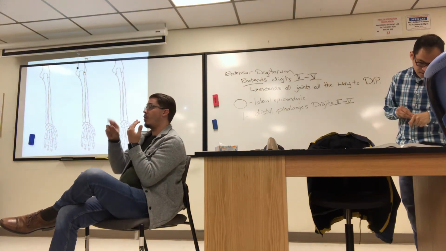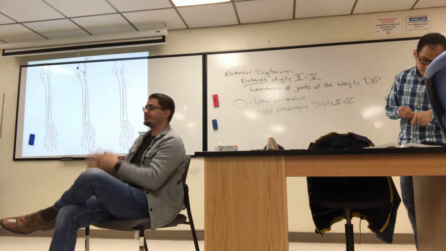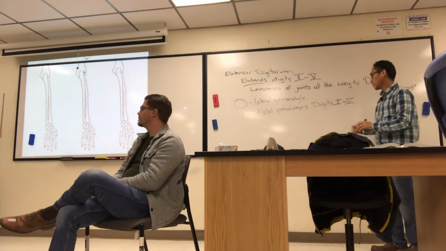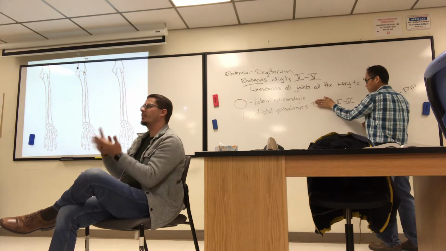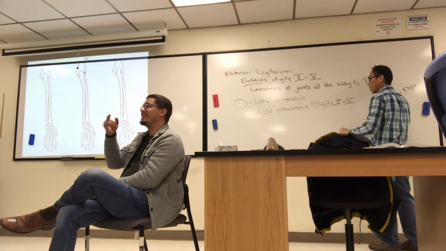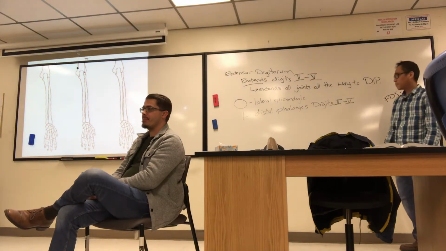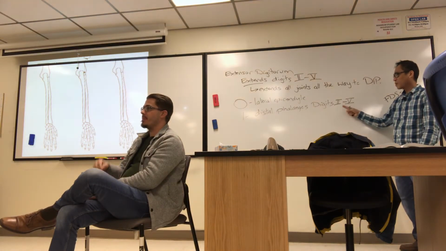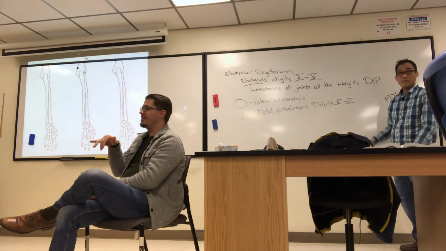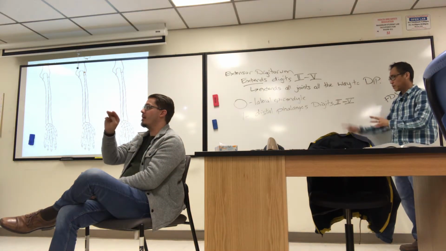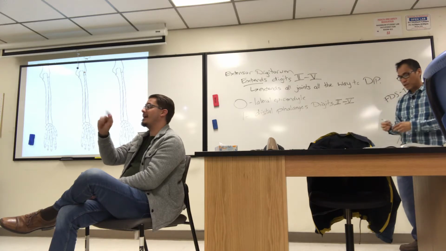Okay. Now, sometimes students, a common mistake is you leave out digit. You shouldn't do that, because the digits are numbered, just like metacarpals. Okay, so because metacarpals and digits both have the Roman numerals, you should specify.